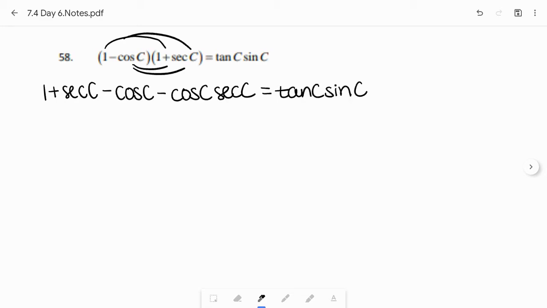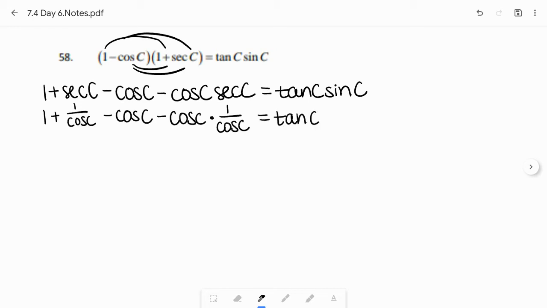Now I want to rewrite this only using sine and cosine. So 1 plus, remember that secant is going to be 1 over cosine, and then minus cosine of c, and then again let's change secant to be 1 over cosine. Okay, now I should be able to see that this cosine c times 1 over cosine c will just cancel out and become a negative 1.